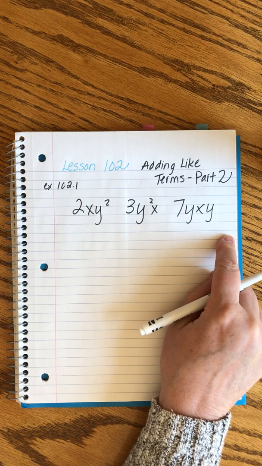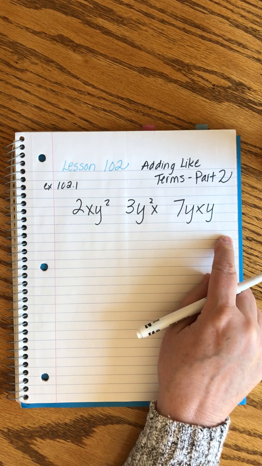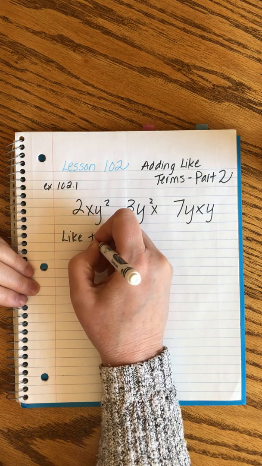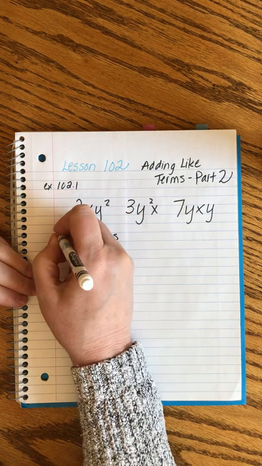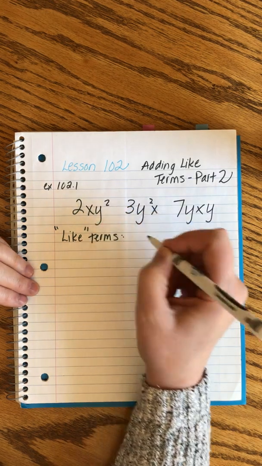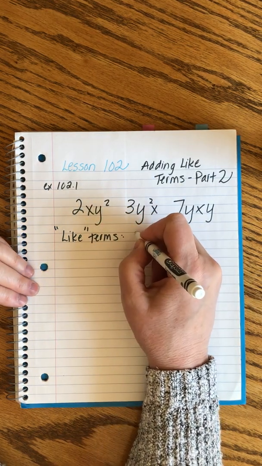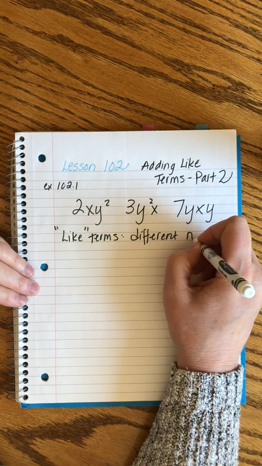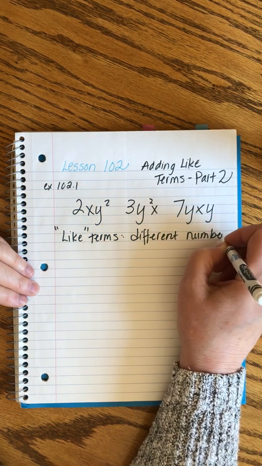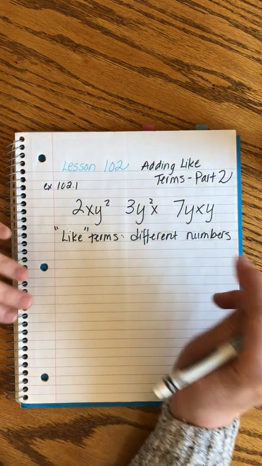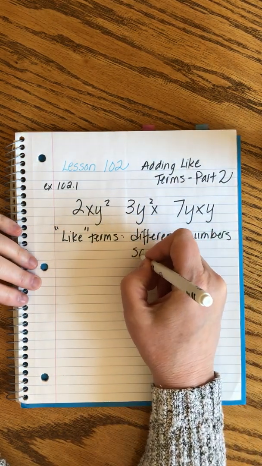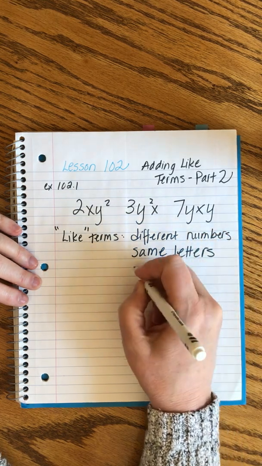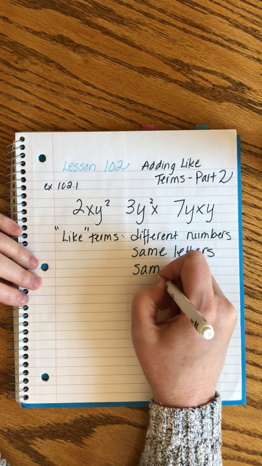Okay, that's a good question. Here is what we need to have like terms. That means we can have different numbers. Right? The 2 and the 3 and the 7, that's not a problem. But we have to have the same letters, and we have to have the exponents in the same places.